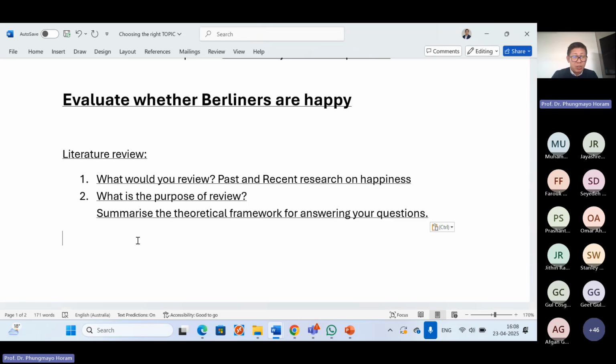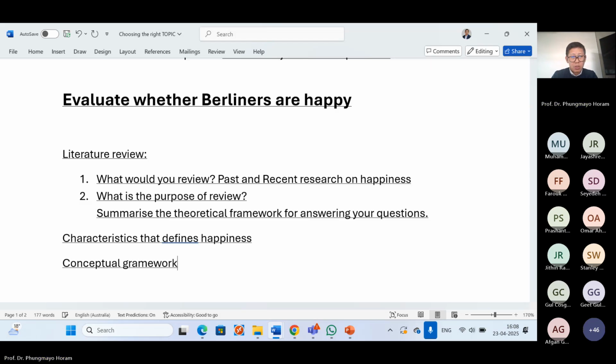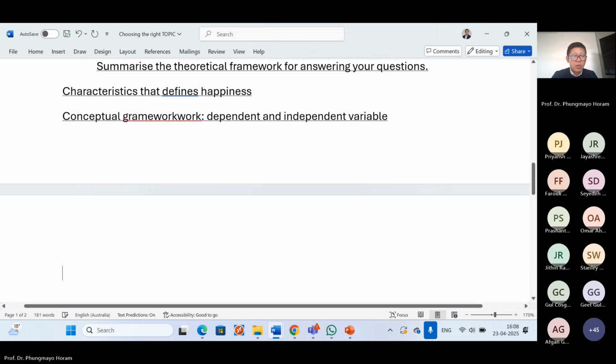What are the characteristics? Sometimes people call it the conceptual framework for your research. People also call it dependent and independent variables.